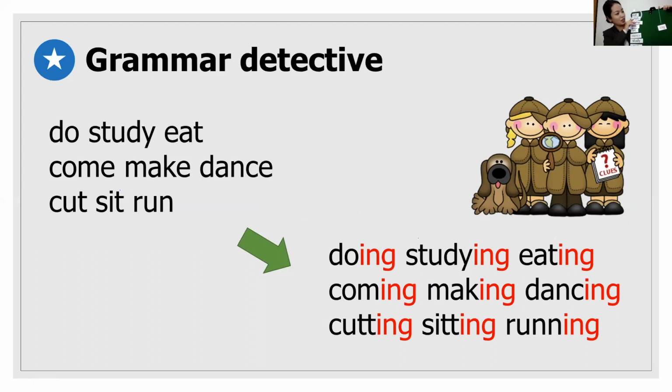Here is eat, and there is eating. So each word should get the ing form like this. But some, like sit, need a double T, and cut for the double T, like this. So you are the grammar detective.